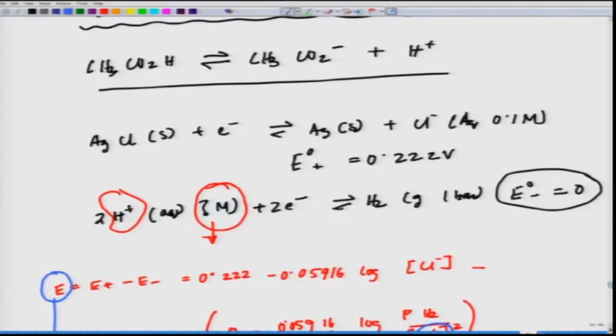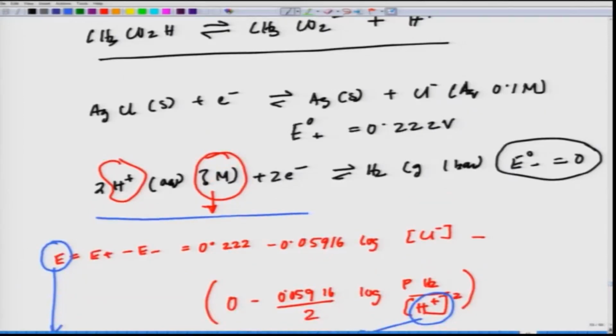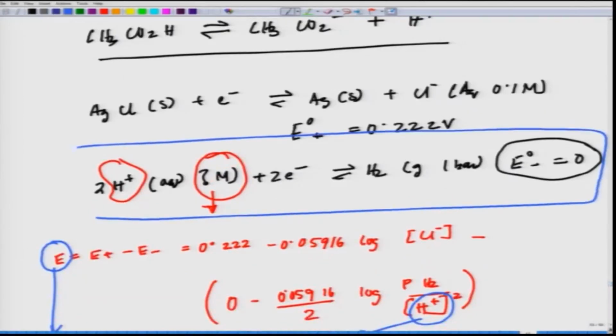It is a very simple thing: if you can build up the redox reaction out here, you can figure out how to measure the concentration. What we essentially did was measure this value, which was unknown to us.